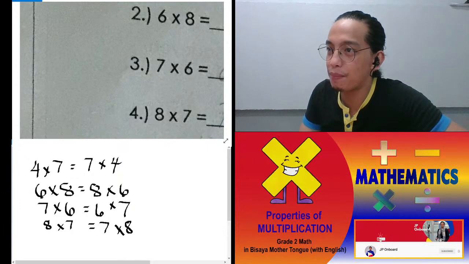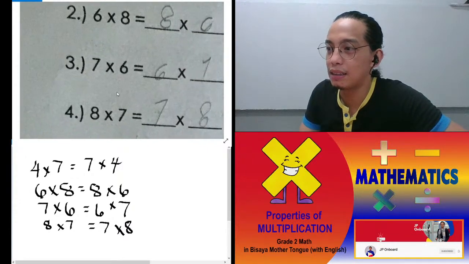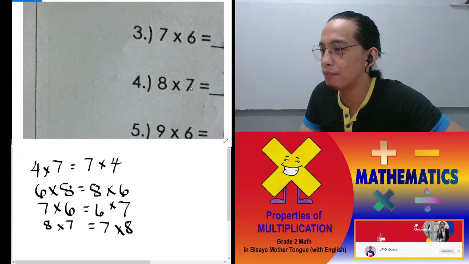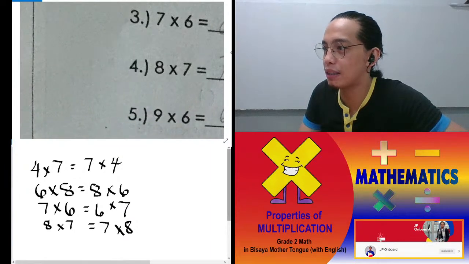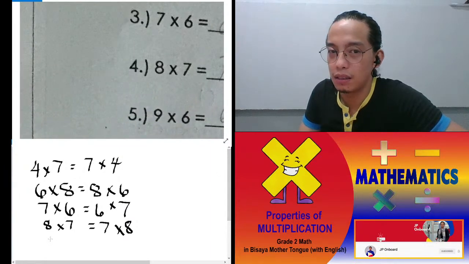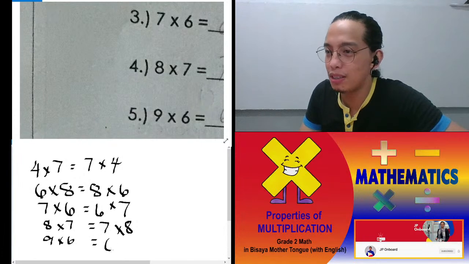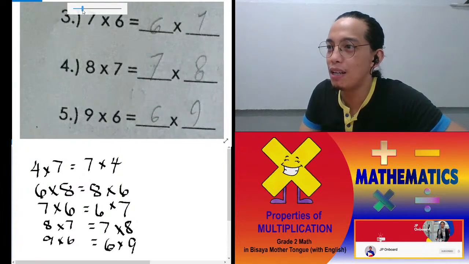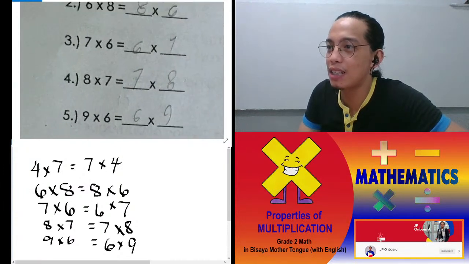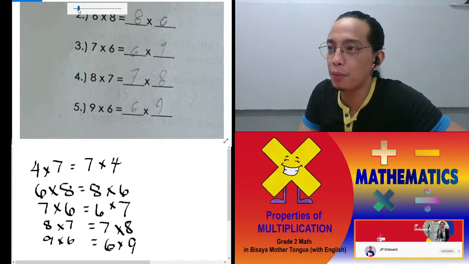It's the same number sentence. And lastly, 9 times 6. Reverse it to 6 times 9, which is the same. So we have the answers through the commutative property.